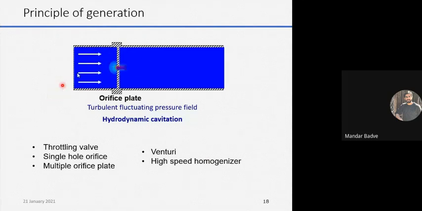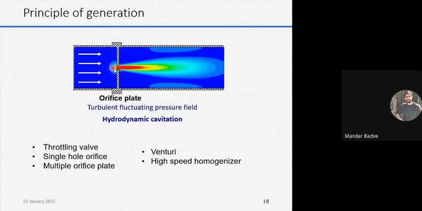So when the liquid comes, it tries to go through this very small hole, right? So here your cross sectional flow area is this much, but here your flow area suddenly reduces. So when your flow area suddenly reduces, your velocity suddenly increases, because your flow area goes down. So your flow rate is same, but because your cross sectional area goes down, your velocity increases.